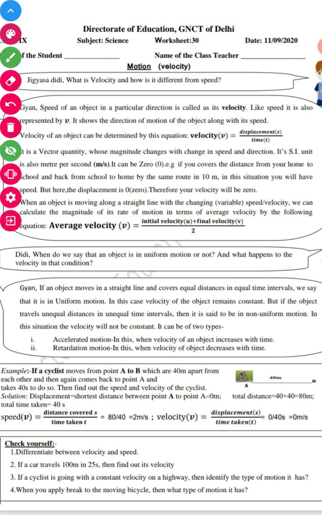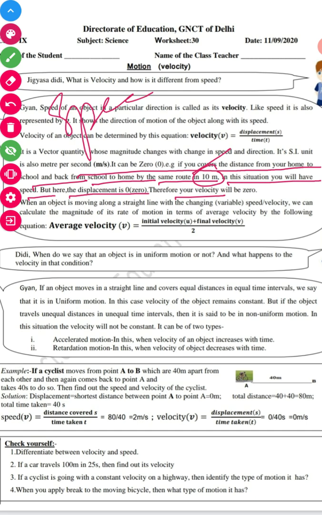So let's take the example. If you cover a distance from your home to school and back from school to home by the same route, say 10 meter, I took 20 meter, they have taken 10. In this situation you will have speed, but here the displacement is 0.